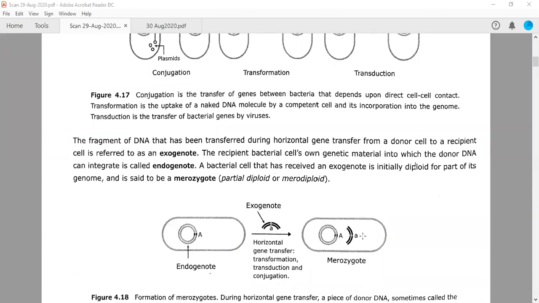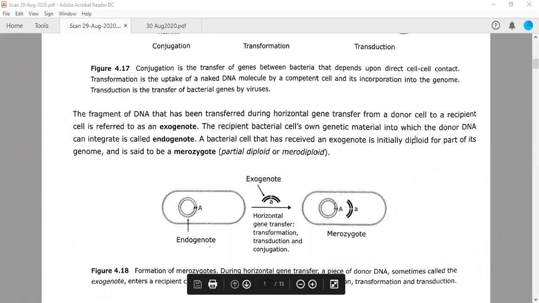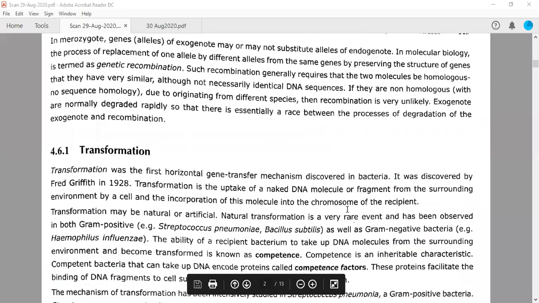So both ways are possible. In molecular biology, the replacement of one allele by a different allele of the same gene, here capital A and small a, is referred to as genetic recombination.